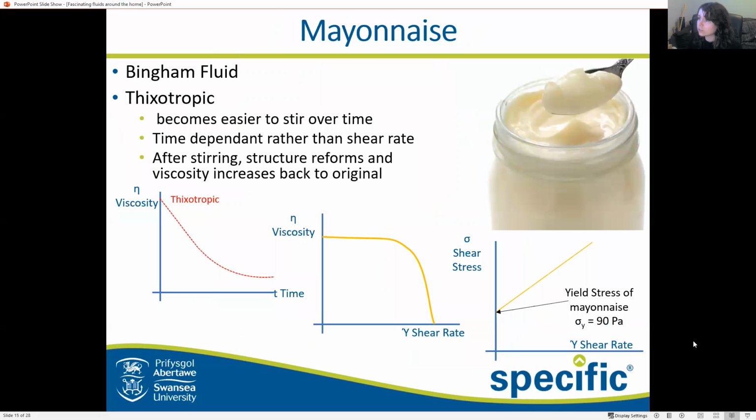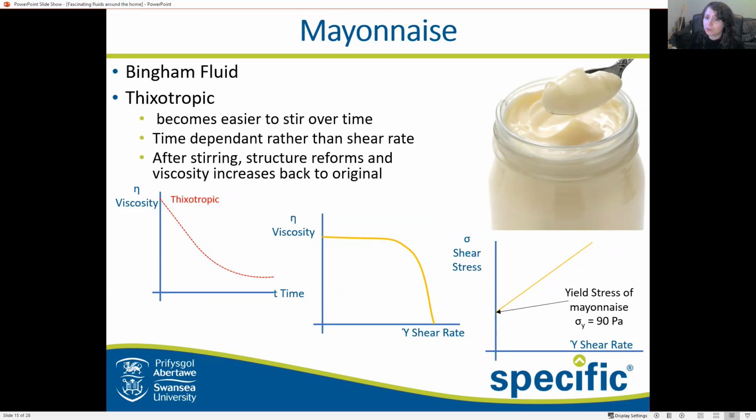So let's start with mayonnaise. Mayonnaise is relatively complex in that it's both thixotropic and a Bingham fluid. What this means is that until I reach a certain amount of shear force, it's not going to flow. But when you reach that point, in terms of shear stress versus shear rate, it will then behave in a Newtonian manner.